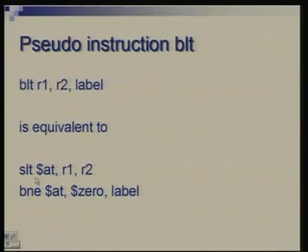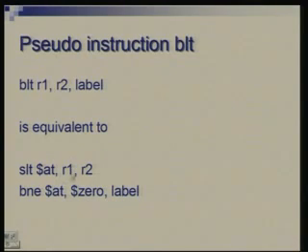One is SLT. SLT compares these two, but the result as a 0 1 value is stored in AT. Then you can compare AT with 0 and then make a branch. All right. So, what will happen is if R1 is less than R2, register AT will be set to 1, and it will not be equal to 0, and therefore, branch will occur.